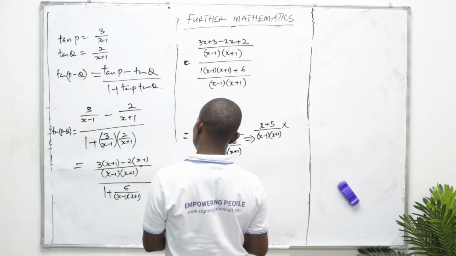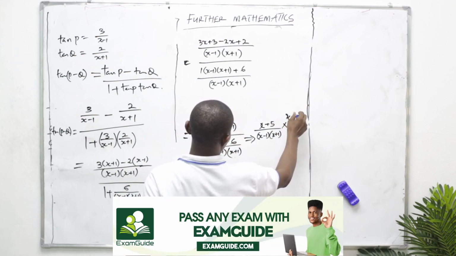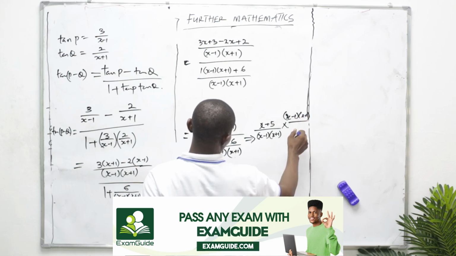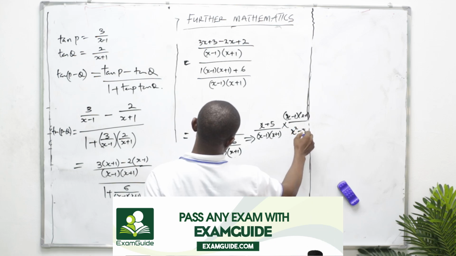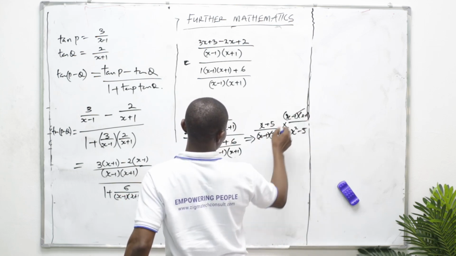To this is this minus s minus 1 plus this, times s minus 1, s plus 1, all over s squared plus 5. So this will take care of this, this will take care of this.